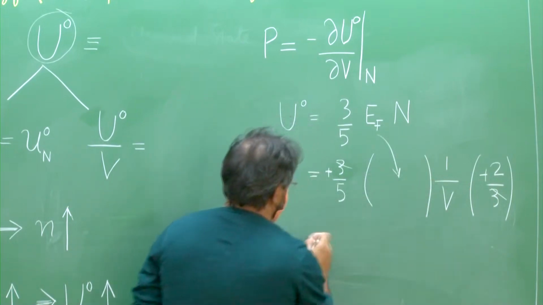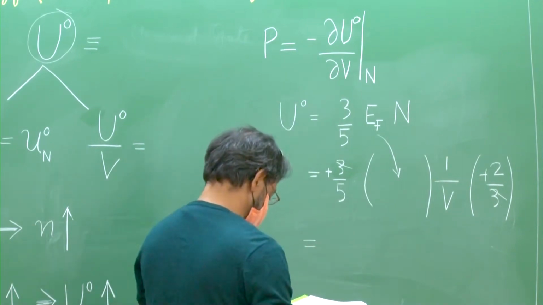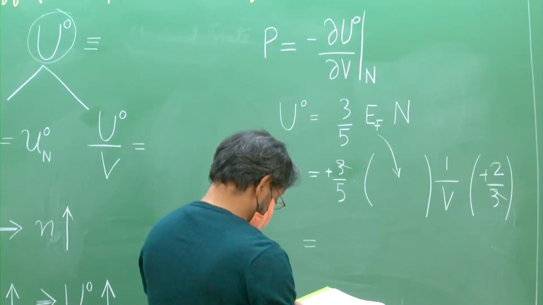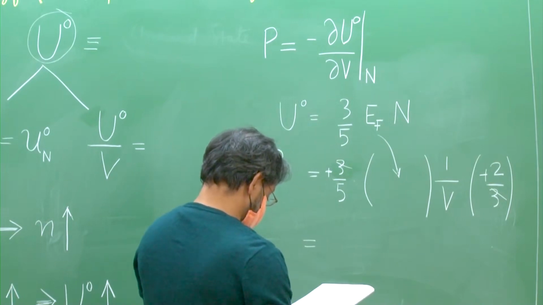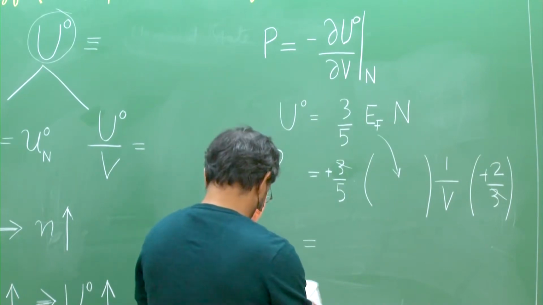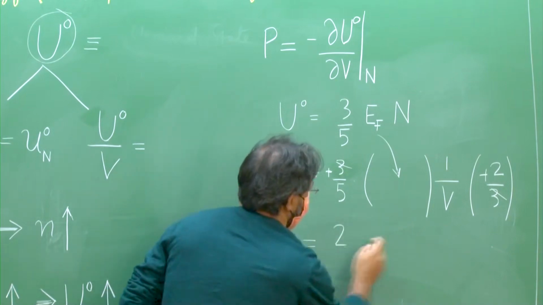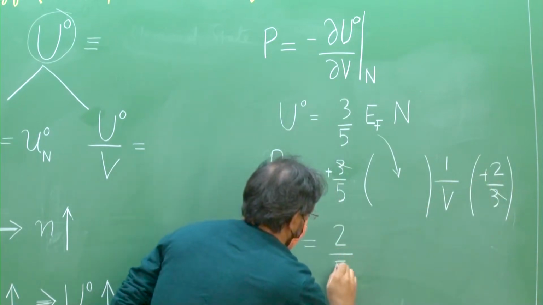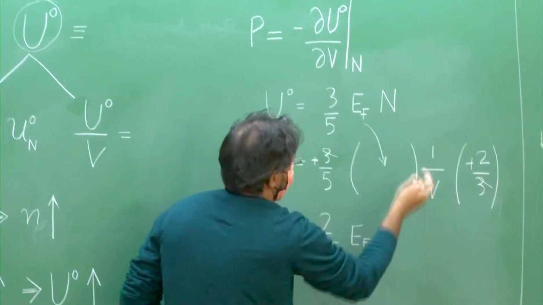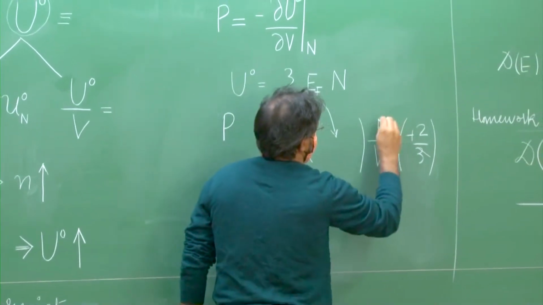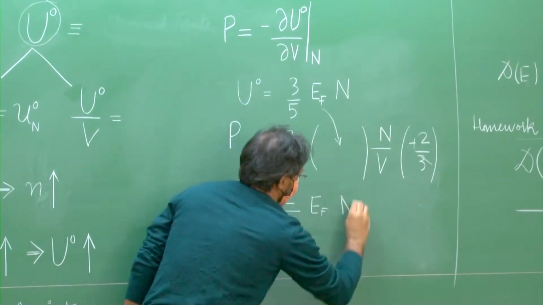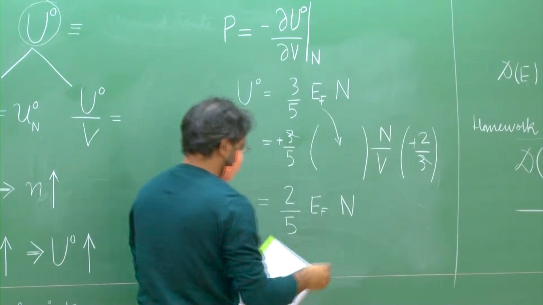So what you have then is simply 2 from here, 5, and then of course EF, and then of course you are carrying an n along with it, which I should write here. This n was also there, don't leave it out. So this n will be there, and then in the denominator you have the V.